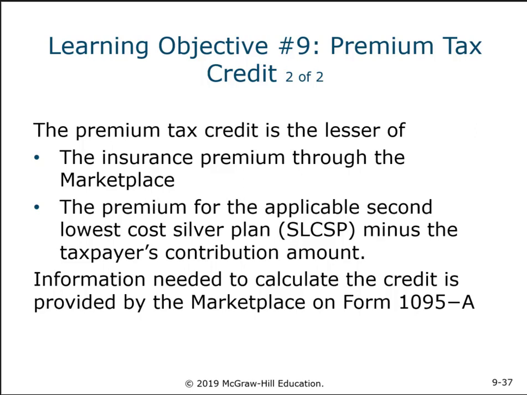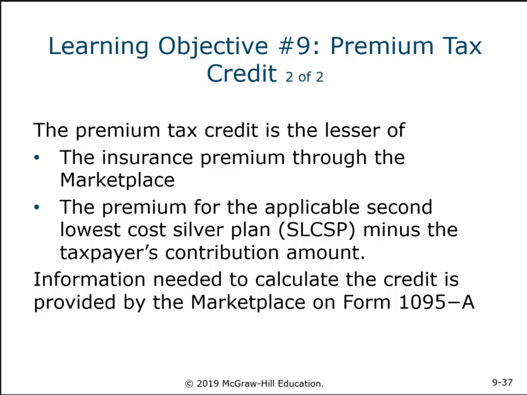So if your credit was $400 and the cost of insurance was $500, okay, you would only be paying monthly $100. At the end, on your tax return, you're going to compare what your income actually ends up being compared to what it was estimated, and see what your credit should have been versus how much they already gave you all along.